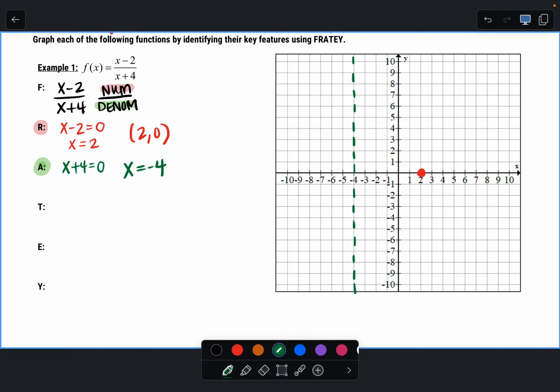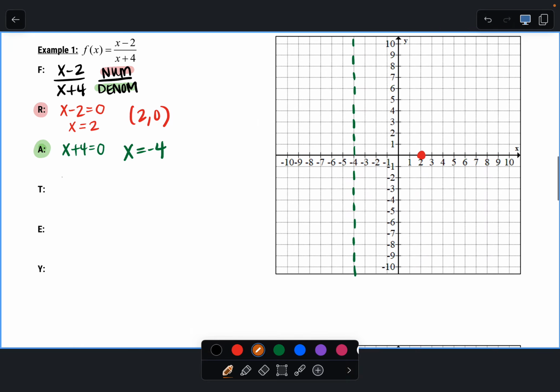Now for today, just so you have an idea, there is no tangency, so we're going to say no tan. Tangency would mean that the x-intercept that you have, it touches it and it bounces back in the same direction. You're not going to see that. And we also have no togetherness. So every single time I draw my arrows, they need to be going in opposite directions.